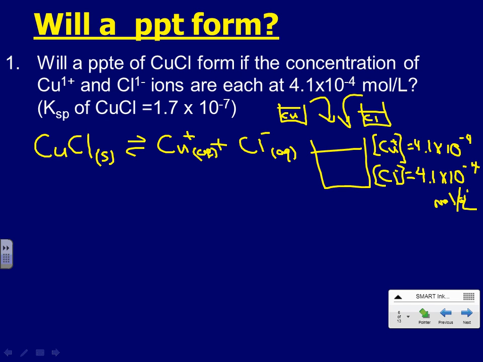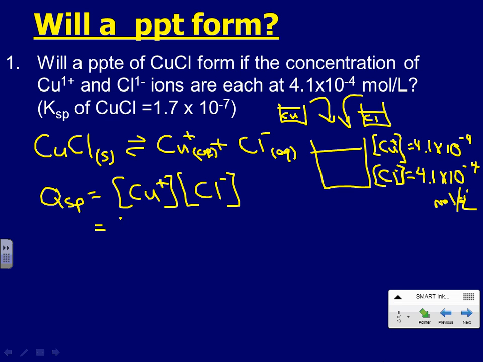The QSP is equal to the concentration of copper times the concentration of chloride, with exponents 1, 1, 1, 1, because this is an MX. Now we can just substitute it in and get the number. If you can see that this is the equation directly from that solid, you don't need to write that equilibrium expression down.